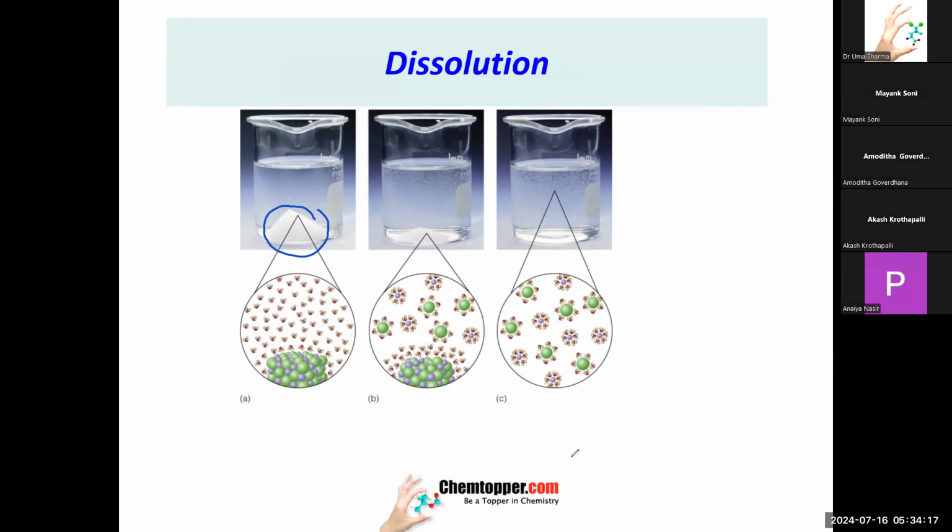Solution making is a chemical change? No. Oh, this was for the previous one. Yes. Dissolution is a physical change. Actually, sometimes we call it semi-physical, but more it is a physical change. Dissolution means making of solutions, homogeneous solutions.